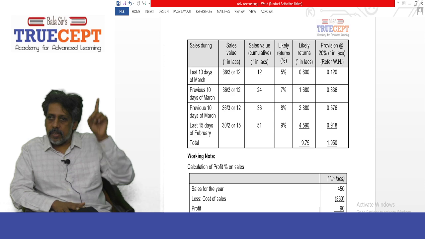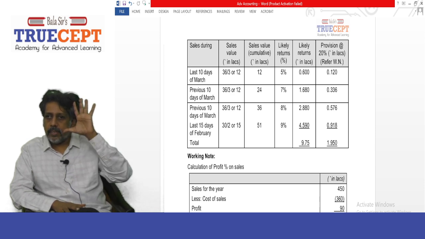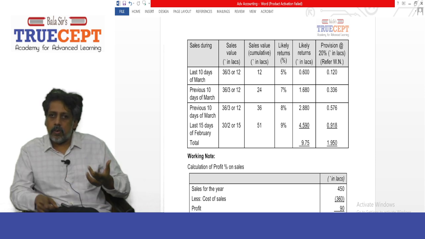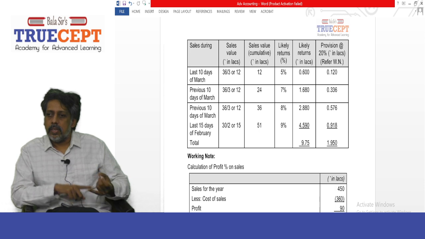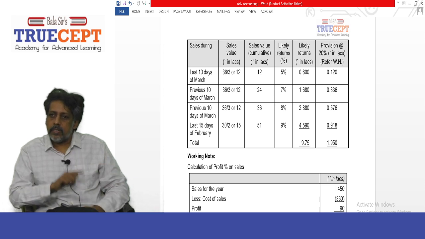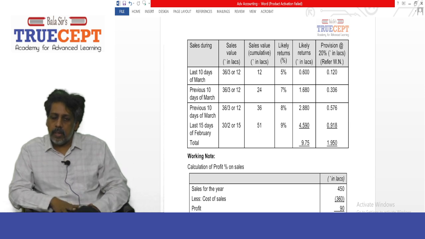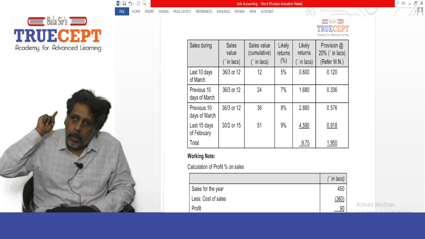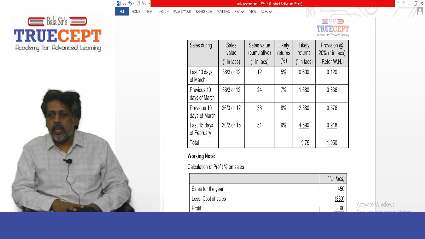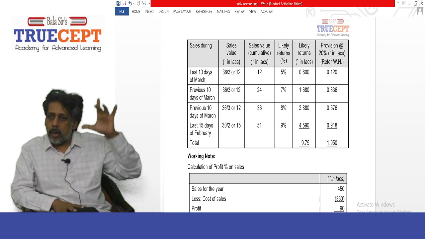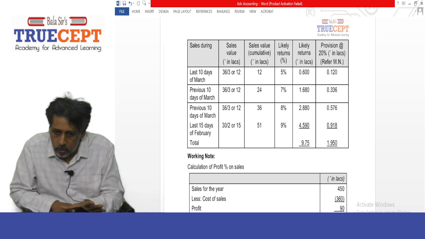And what is the percentage return? It is given as 5%. Now, what is 5% on rupees 12 lakh? It is 0.6 lakh, that is 60,000 rupees. On that, what is 20% GP? 0.12. 0.12 is the profit you will not earn on these goods, right?